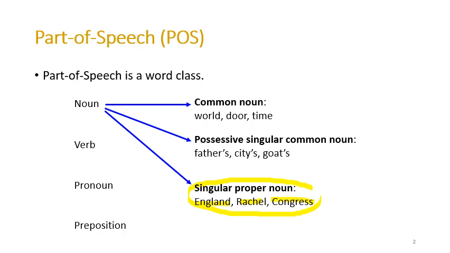And then a possessive singular common noun is singular, it is a common noun, and it indicates the possessive, like father's, city's, goat's, and so on. So you see here that the classes of a word can be quite general, or can be as specific as you want them to be. But these are all called part of speech.